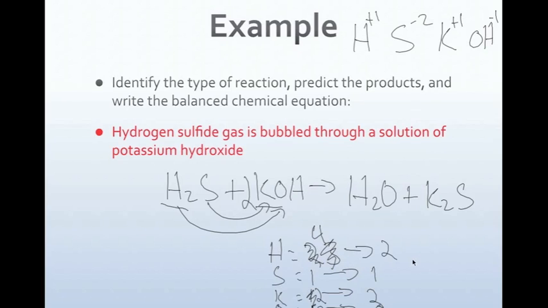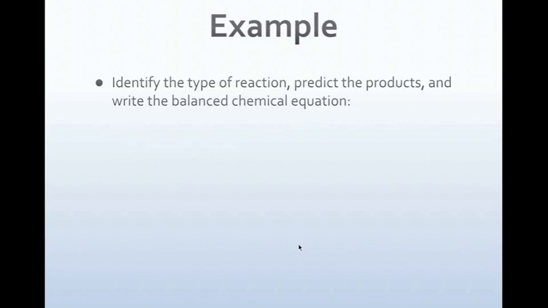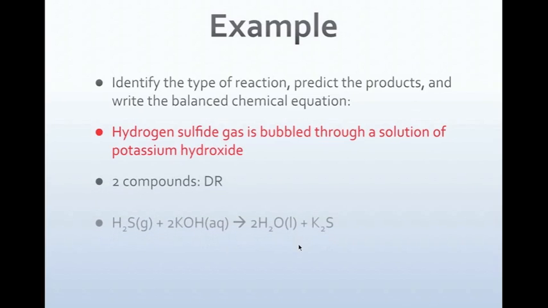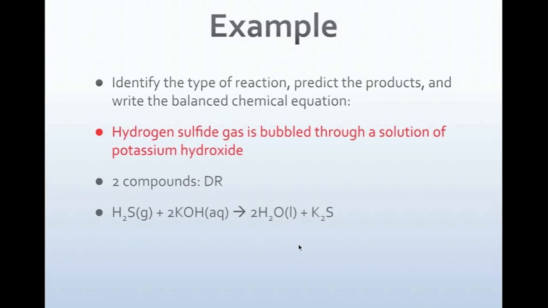And to balance it from here, I see that my hydrogens and oxygens aren't balanced in my product, so I have to put a 2 right here, which gives me 4 hydrogens, and we see that we have 2 oxygens. And I see that everything is balanced now, and that's my final equation. So written all nice and neat, we can see we have it just like this. It's a double replacement reaction, and that's our balanced chemical equation.